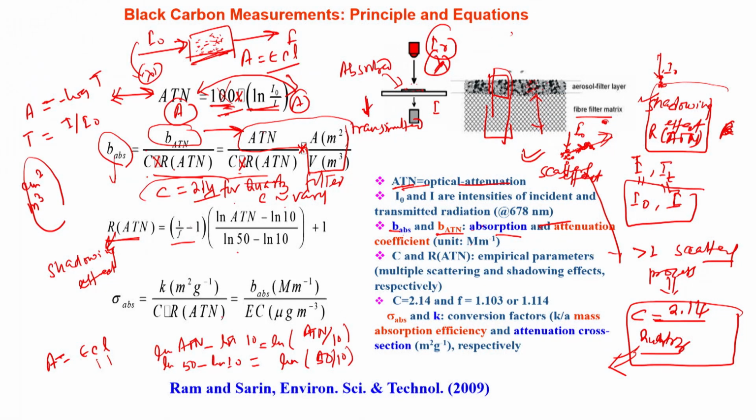If you take these ratios, you can write ln ATN upon 10 over ln 50 upon 10. So 10 is here because it is assumed that when you have 10% transmission, then absorbance is 1.